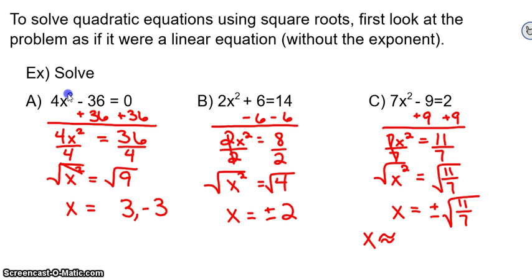So I'm going to grab my calculator, and the square root of 11/7 is, now hold on, approximately 1.25, if we round it to 2 decimal places. But don't forget the plus and minus, we're going to have both of those answers. So always be looking for exact answers, like these, and approximate answers, like these, when necessary.